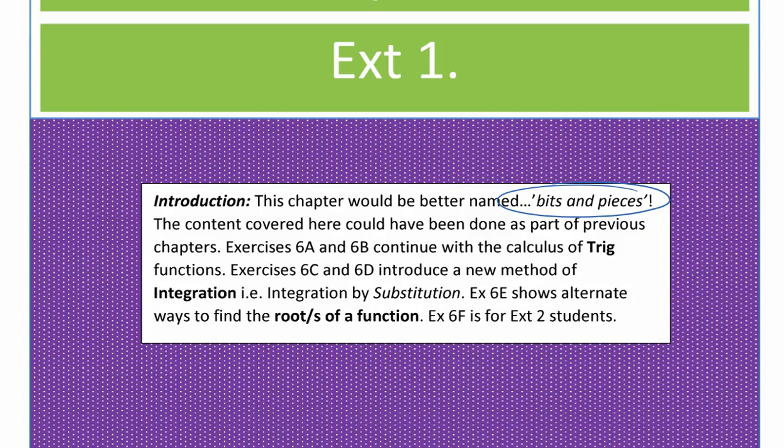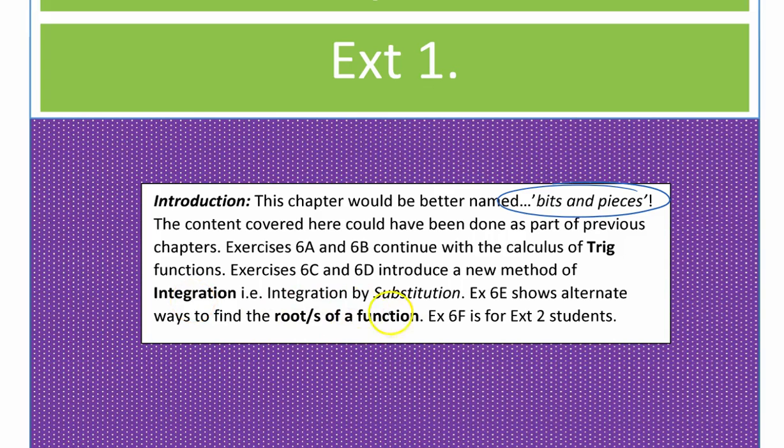And you might prefer to take aspects of chapter 6 and put it with previous topics, like you might take this trig work and put it with your previous chapters. Integration, same, you might put 6C and D in with your integration notes.